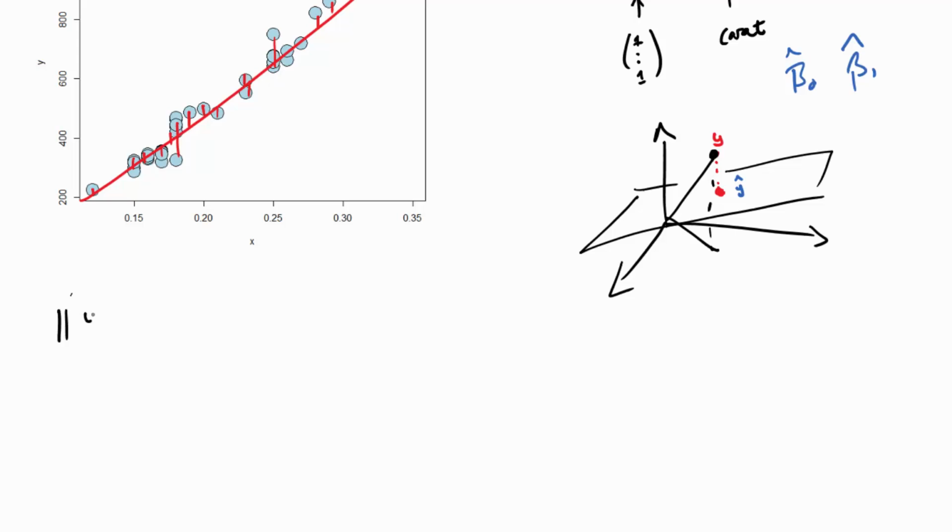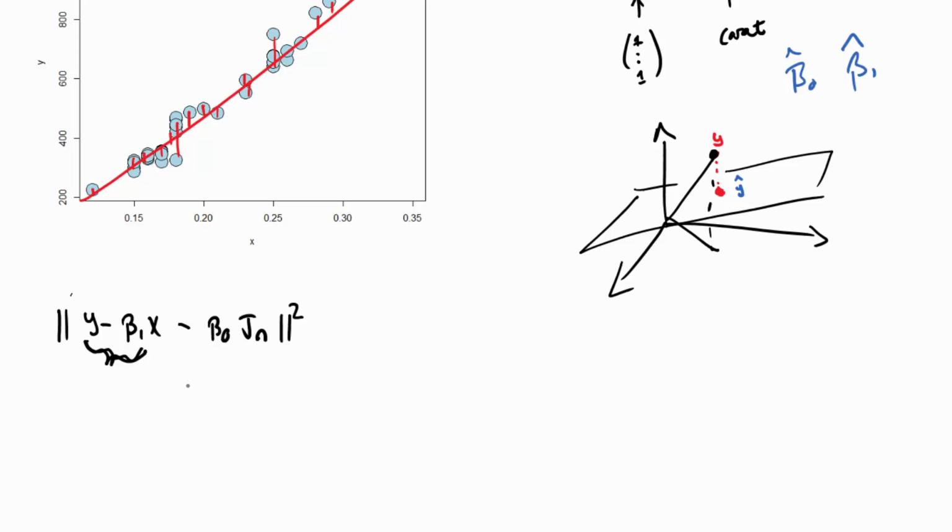So consider the norm squared of y minus beta 1 x minus beta naught times jn. Imagine if beta 1 was fixed. So let's just think of that as a single vector. Okay? Imagine if beta 1 was fixed. Then the minimum of this equation over beta naught is just going to be the average, because this is just regression with a constant. Okay? It's going to be the average of this vector here.